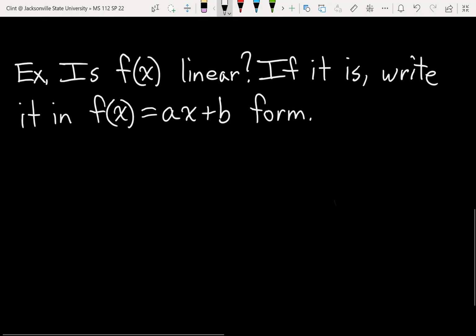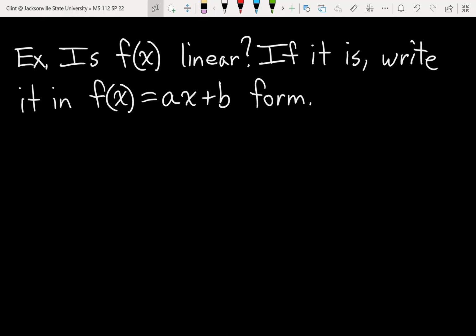So we'll have several of these in the assignment. So the idea is sometimes, depending on how it's written down, it might not look linear, but if we rearrange some things, we can put it in this form and see that it is linear. Or maybe sometimes it'll look like it is linear, but if we actually go to try to put it in this form, then we can't, so it's not really linear.